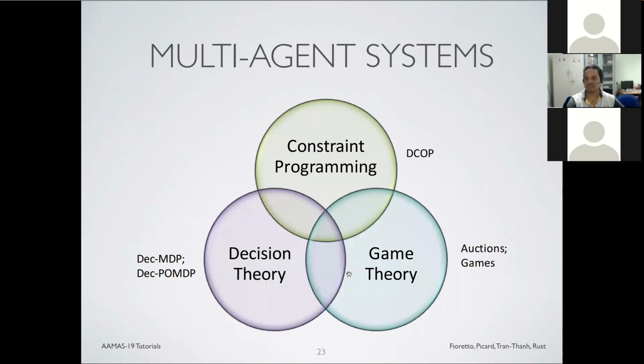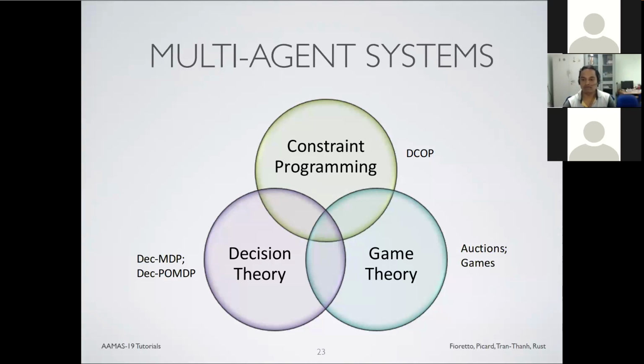So this is the main problematic: how the problems of multi-agent systems are categorized. It can be constraint programming, constraint satisfaction, or constraint optimization. When you talk about satisfaction, then just constraint satisfaction will be there. When you put in some kind of optimization value, the same problem is modeled as a constraint optimization problem.